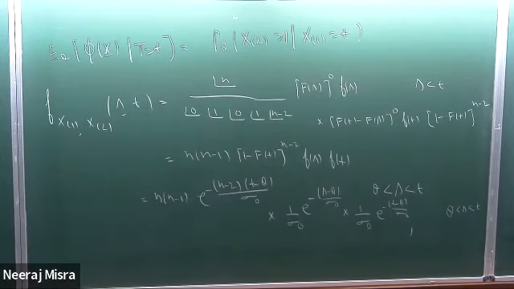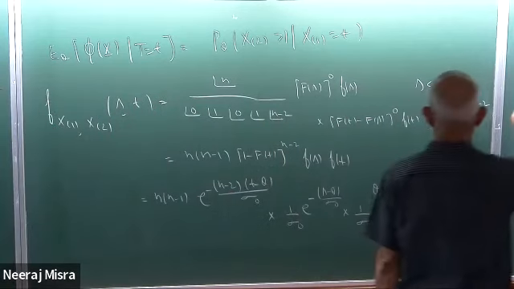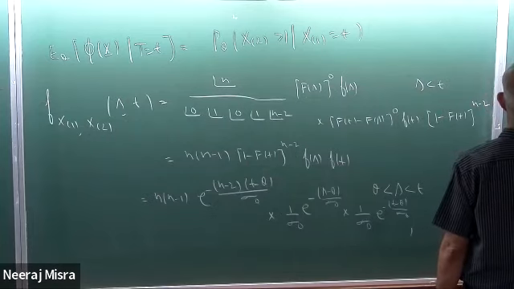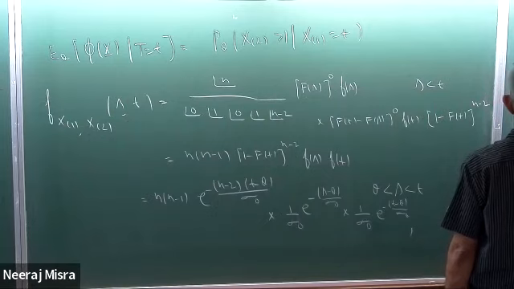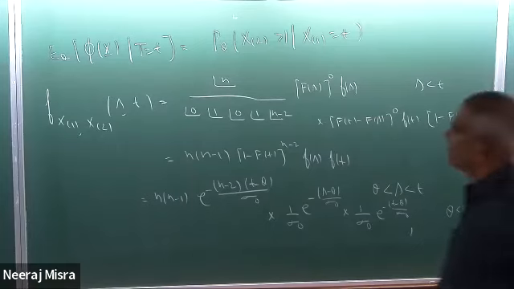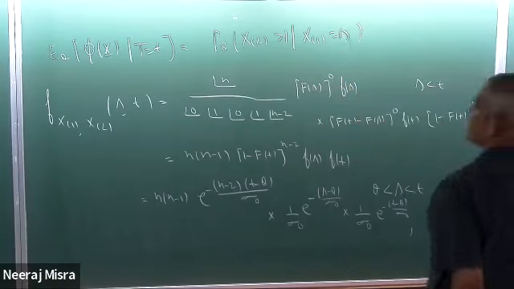But anyway, I have to find a conditional PDF of x2 given x1, right? This you can put as s, doesn't matter, because x1 I'm putting at s over here.